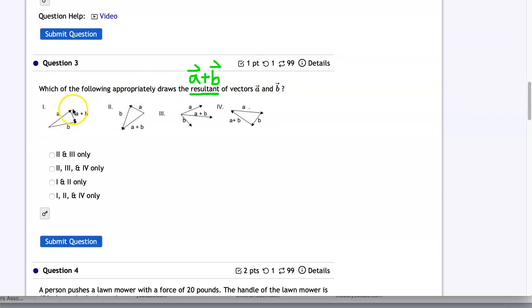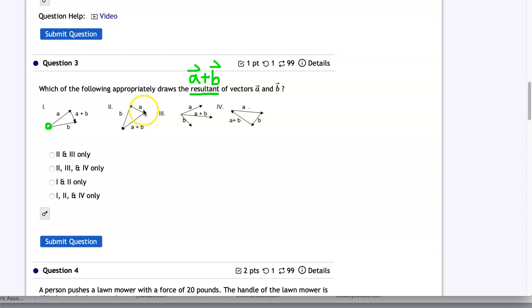So if I were to finish the parallelogram, these two are not connected as two sides of the parallelogram head to tail. The two vectors are connected both together at the beginning. So that's not going to work. Even though this is a diagonal of a parallelogram, you need to have the two vectors connected head to tail, like here.